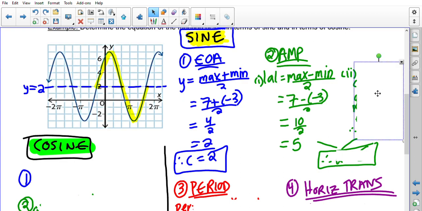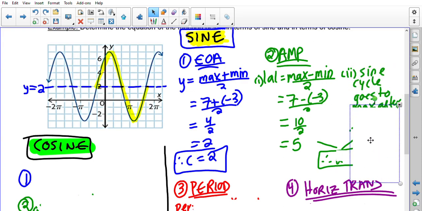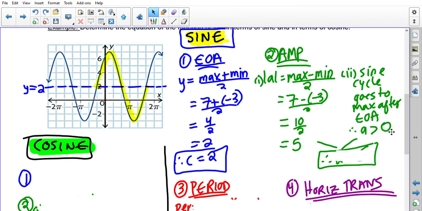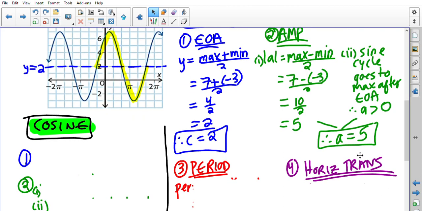Now we need to analyze what kind of cycle we highlighted. So my sine cycle that I highlighted goes to the max right after the EOA. So see how I start here and go to max. So that tells me that for my cycle, my A value is going to be positive. So that means I can make the conclusion that the A value of my cycle will be positive 5. If you highlighted one that goes from EOA to min, then your A value will be negative 5.